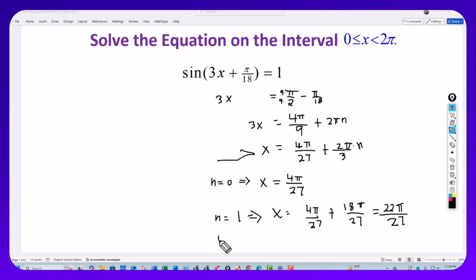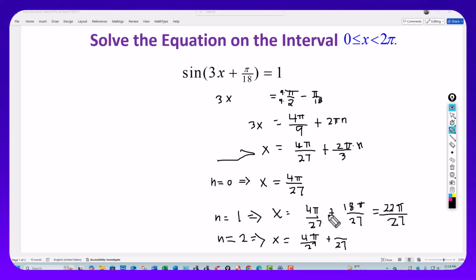Now let's try n equal to 2. Then x will be equal to 4 pi over 27 again, and then we multiply this one by 9 to get the same denominator, giving us 27 down here.